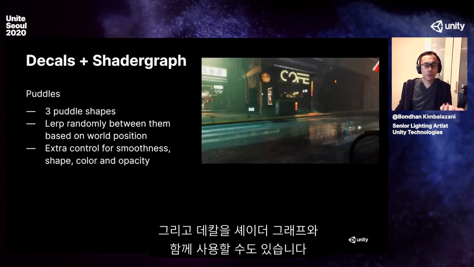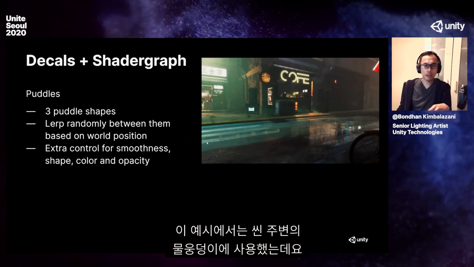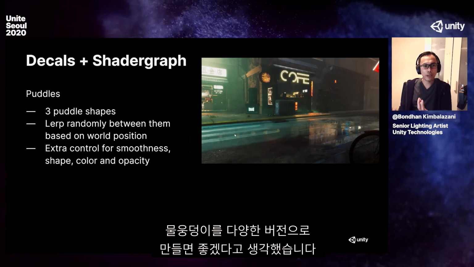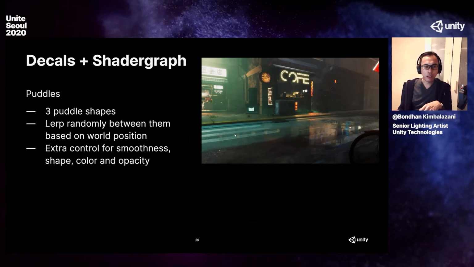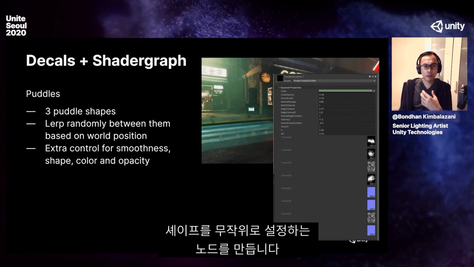Okay, so we also use decals in conjunction with Shader Graph. In this instance, we use it for puddles around the scene. For the puddles, we want to have more variations in them. So we create a shader graph that takes three inputs of the puddle shapes, and in the shader graph we create nodes that alternate randomly between them based on the world position.